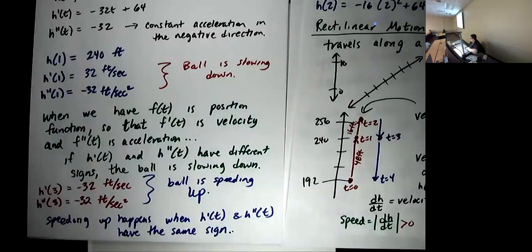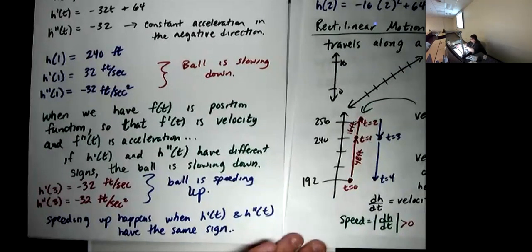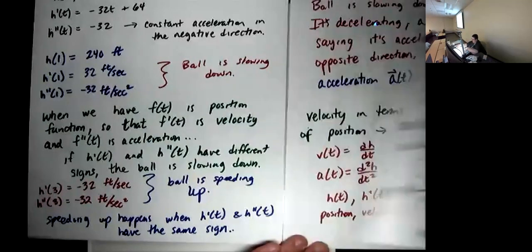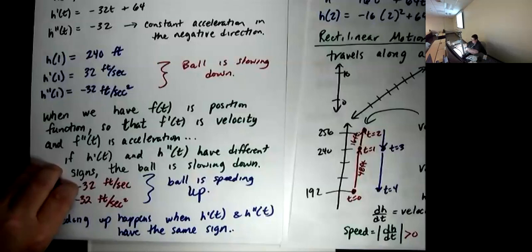You're fluctuating around it, but within an hour, you've traveled 55 miles. So these are instantaneous things. Any questions so far?